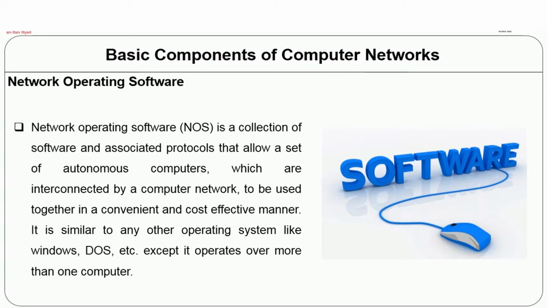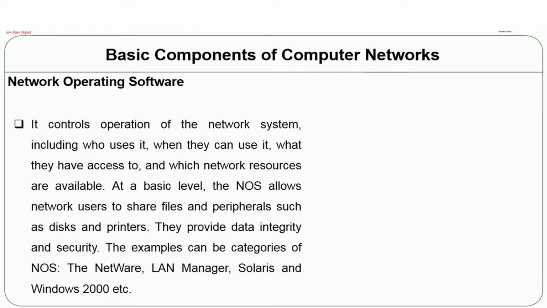It is similar to any other operating system like Windows, DOS, etc., except it operates over more than one computer. It controls operation of the network system. It includes who uses it, when they use it, what they have access to, and which network resources are available.